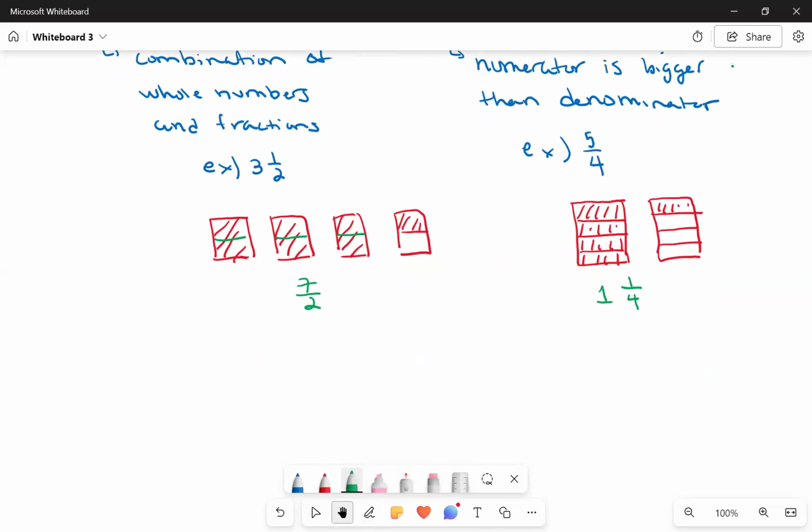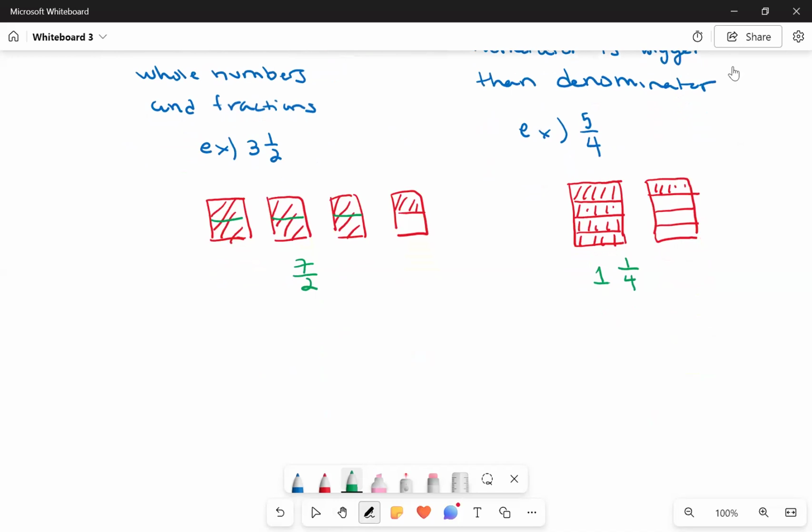But there is an actual process for converting, okay? And the process to actually convert is, let's say we want to go from improper fraction to a mixed number, 10/3. You literally divide. You do the division of 3 dividing into 10. There we go. Okay, so 3 happens to go into 10 3 times.